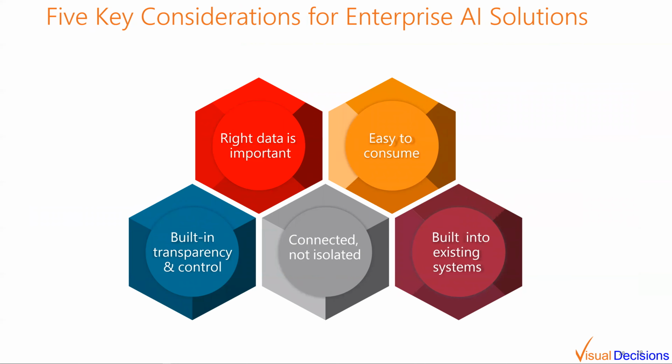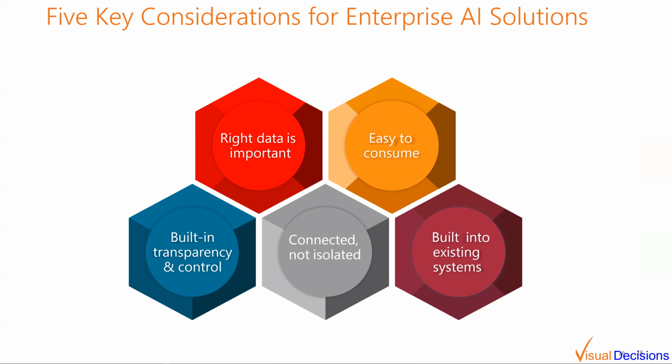Some considerations for selecting an enterprise AI solution. Obviously, the right data is going to be important. Connecting it to the right signal, and I'll talk about that in a couple minutes. Being easy to consume. Again, ultimately, your people have to take action on this information. So if the data is presented in such a way that only a data scientist is going to be able to understand it, that's really not going to help.